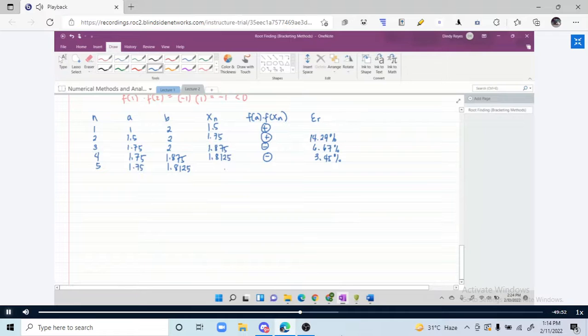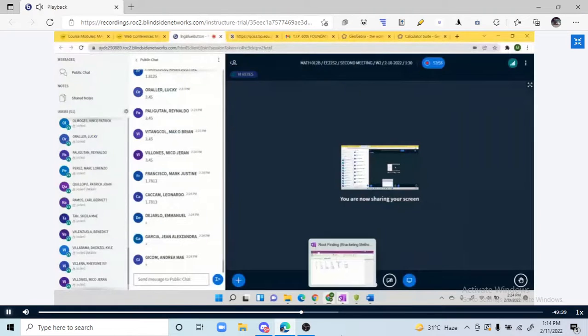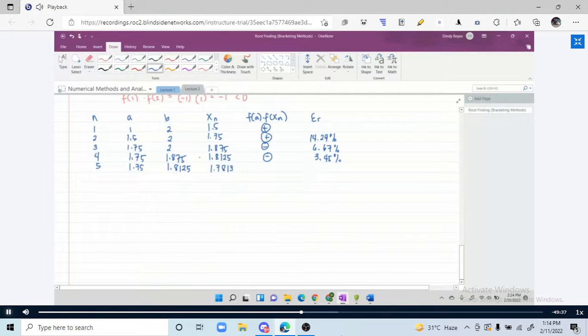Yes, 1.7813 is correct. 1.7813. And then what's the sign of this product? Yes, it's positive. So we have to change the value of A to X sub N. In the sixth iteration, this is now 1.7813 and B remains to be 1.8125.